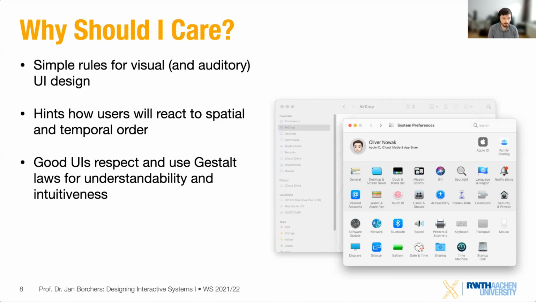So for example, if you look at the image on the right, I think none of you will have problems matching labels and icons together, or seeing that there are three different regions in this one window, or seeing that some icons and labels belong to the front window and not to the one in the back. And this is because some Gestalt laws apply. So let's start with the first one.